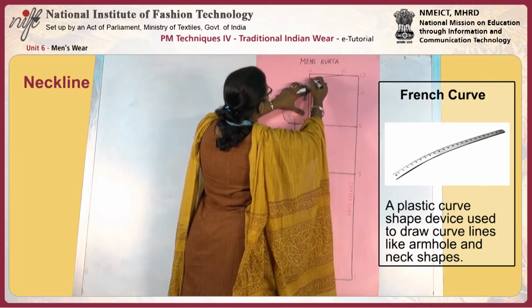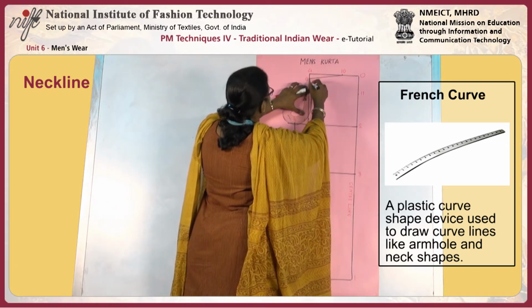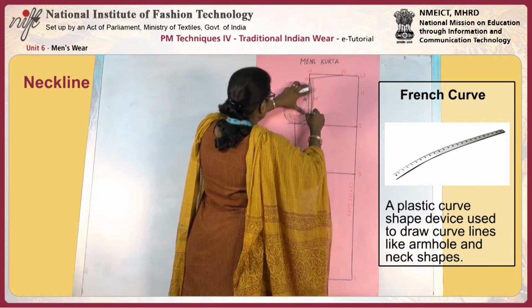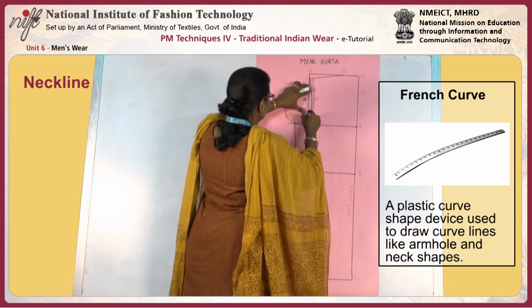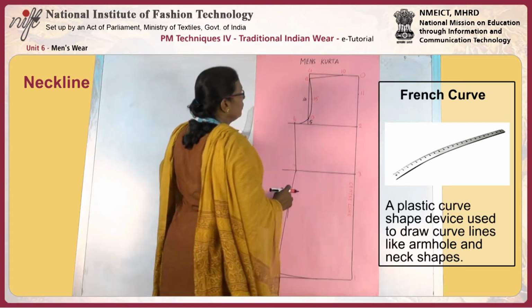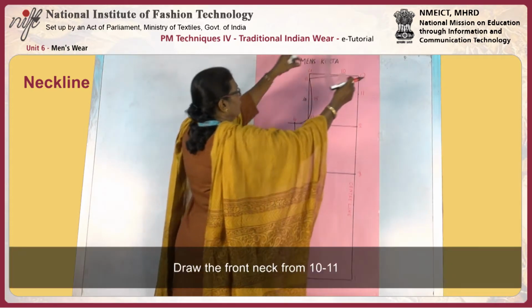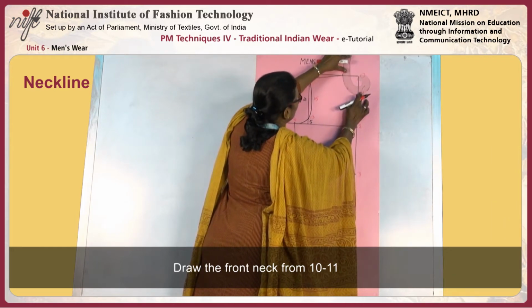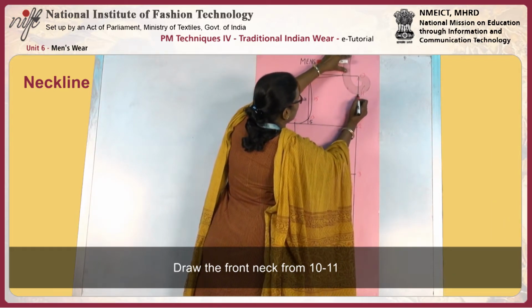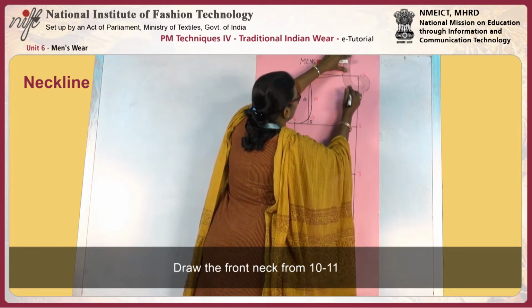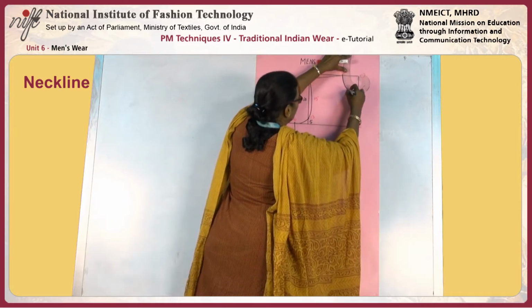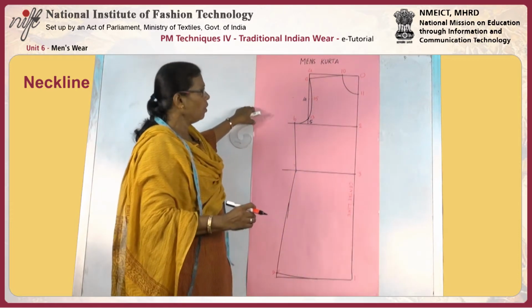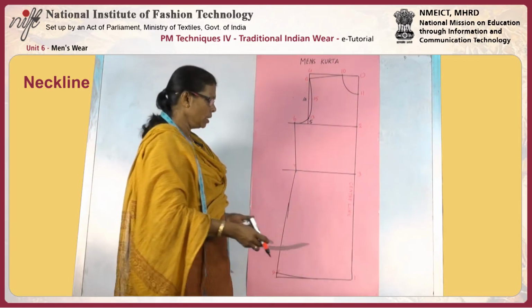The front armhole is done. The front neck is from 10 to 11. It should be flat at the center front for 3/8 of an inch. Now the front body is done.